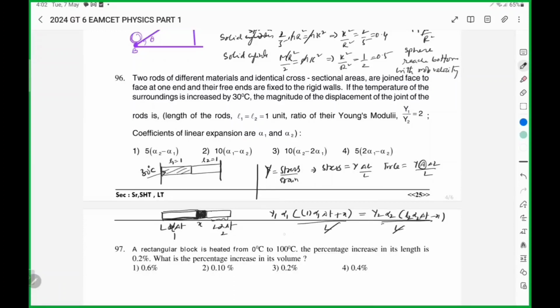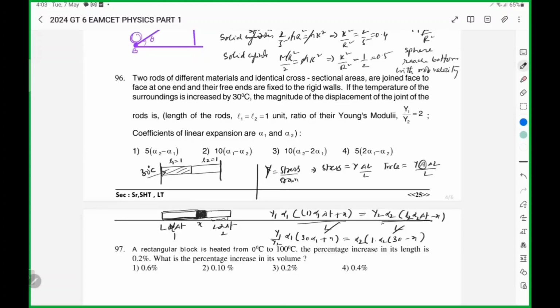So here it is Y1 alpha 1 times 30 plus x, and Y1 by Y2 I write here, alpha 2 into L2 is 1, alpha 2 delta t, 30 minus x.